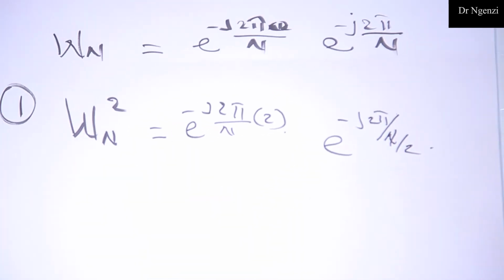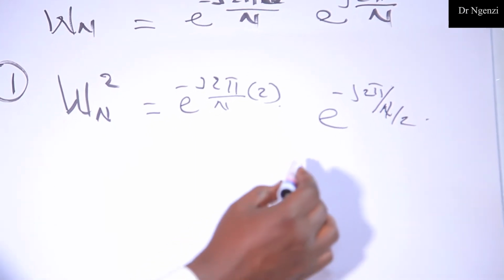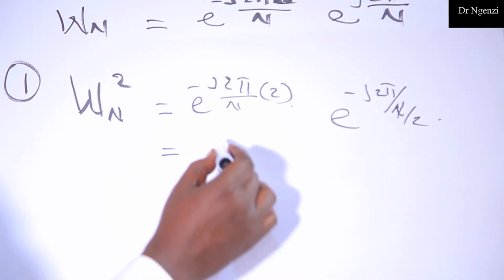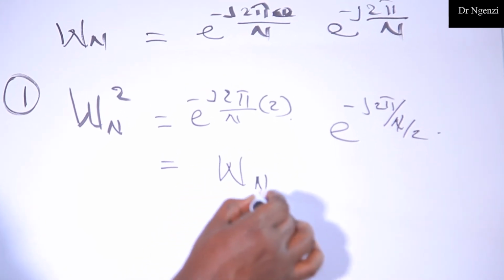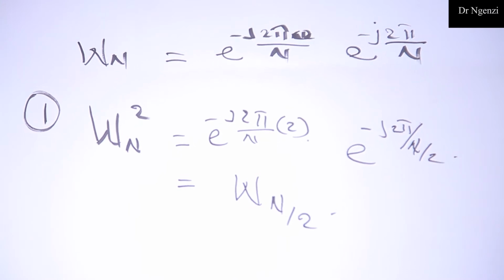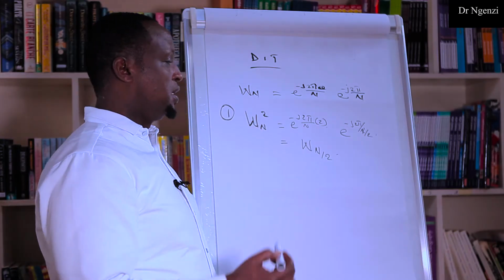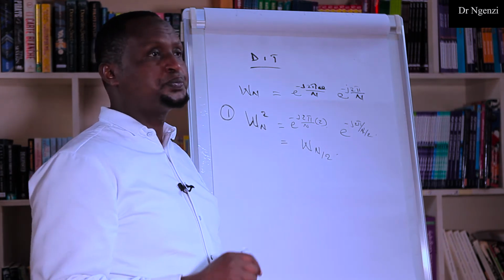Because if you want, you can take it down, and this is nothing but W_{N/2}. That one can also be common. These are the two relationships. That is relationship number one.